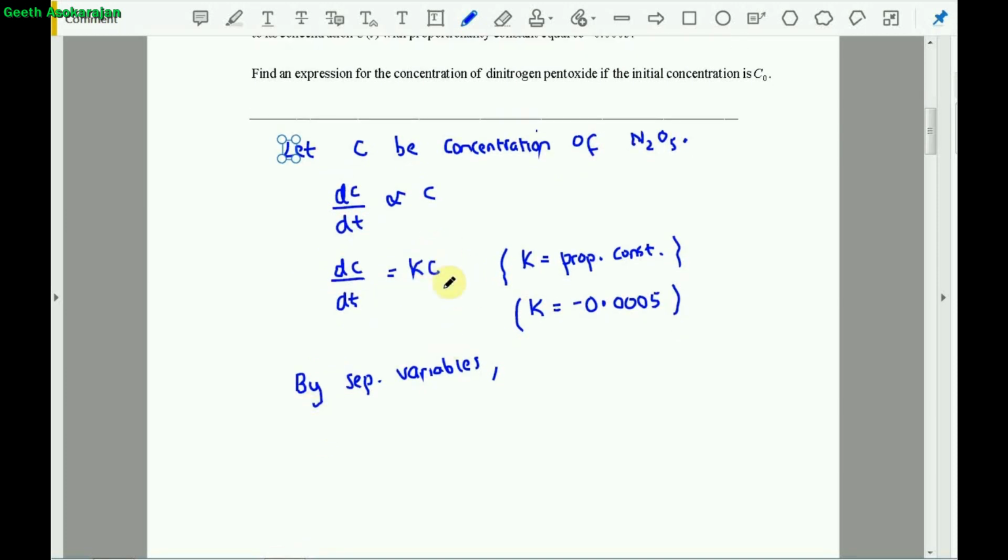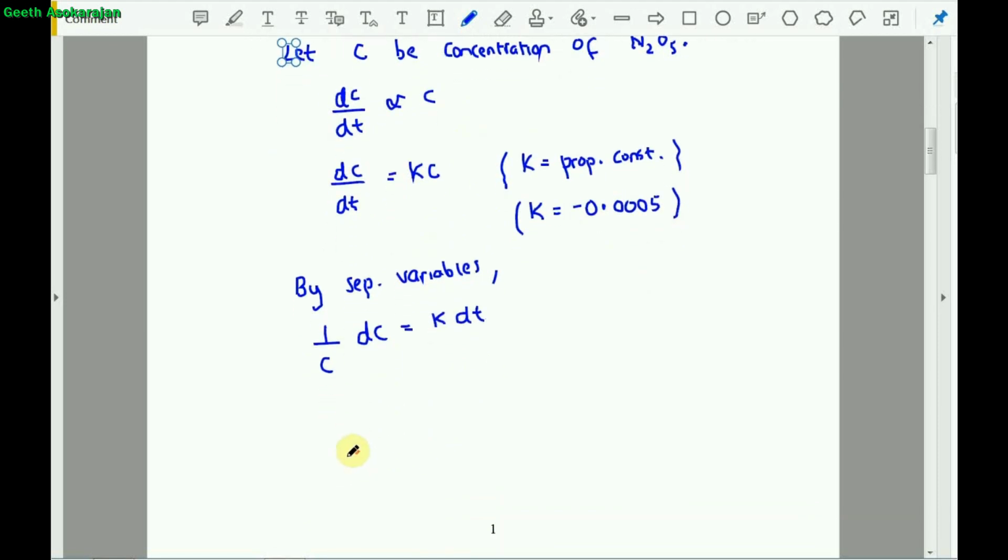If I bring this C to the left, I'll have 1 over C dC. So my C and dC terms are on the left hand side of this equation, keeping the k on the right, but bringing the dt to the right, so k dt.